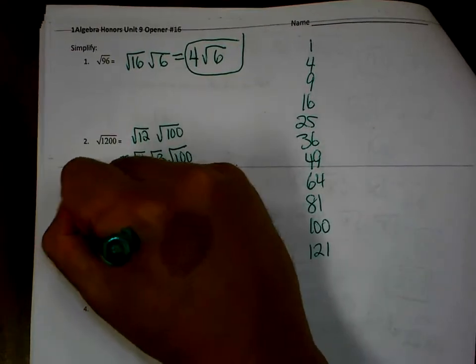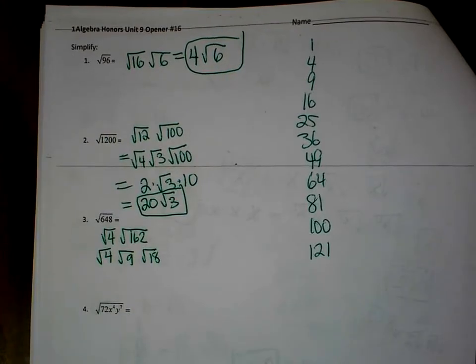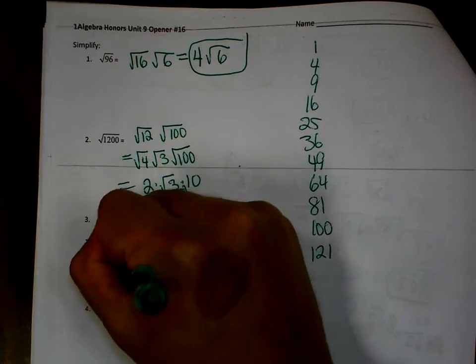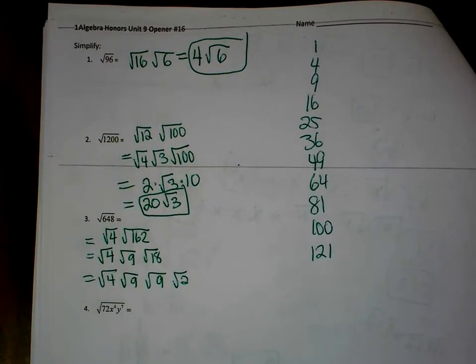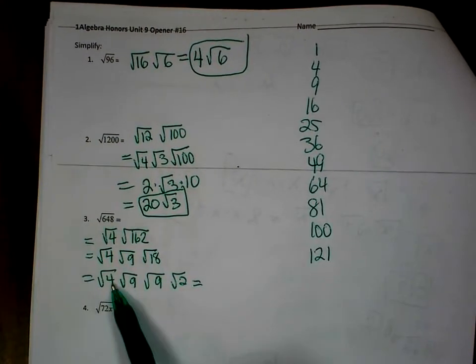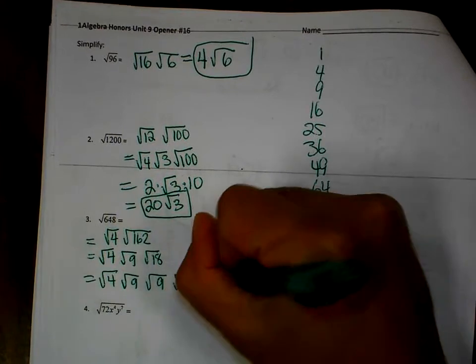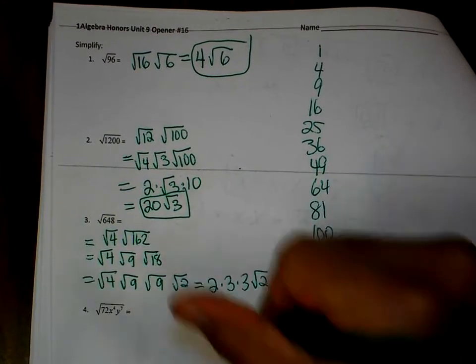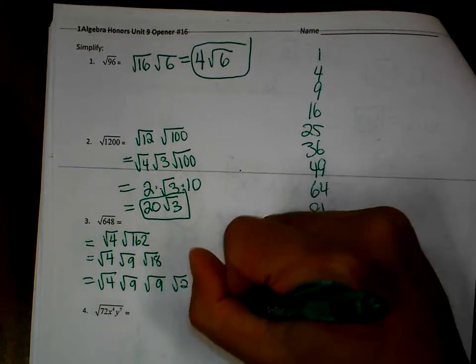So now I have square root of 4, square root of 9, square root of 18, and 18 breaks down to square root of 9, square root of 2. So now I have to do some compilation. This is 2, 3, 3. So 2 times 3 times 3 times square root of 2, which can just be rewritten as 18 root 2.